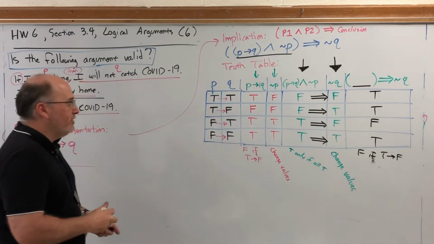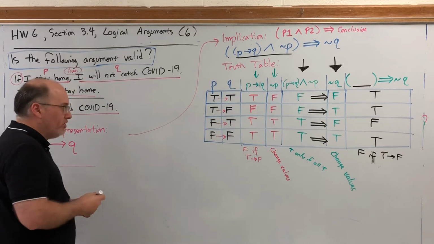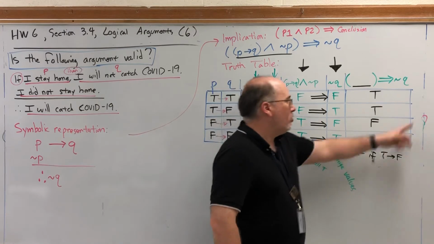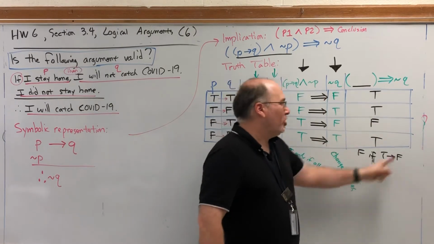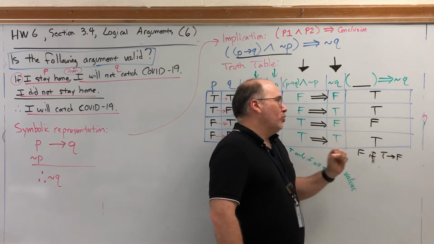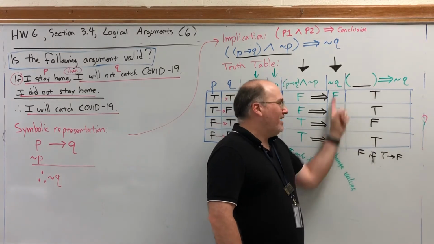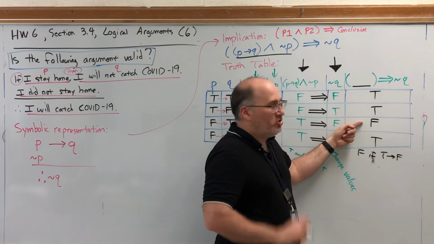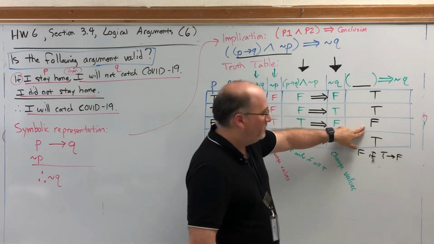And now that we've completed the truth table for the implication, we can answer the question, is the argument valid, by answering the question, was this statement a tautology? Remember, in order to be a tautology, the last column must be all truths. This one was close, but close isn't good enough.